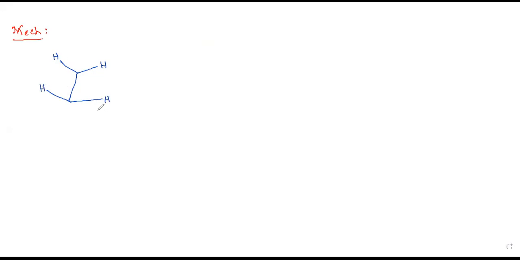Look at this. Here we have a hydrogen. Let me just put it this way. Then O, C, we got this, and then this. See, this is the xanthate.